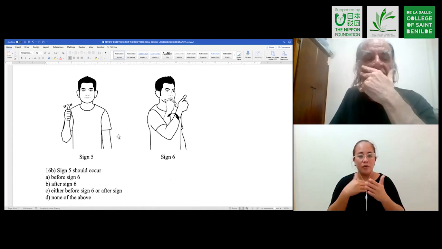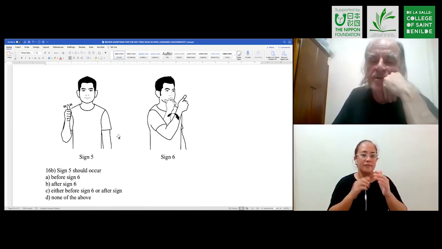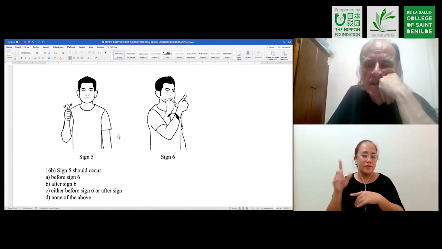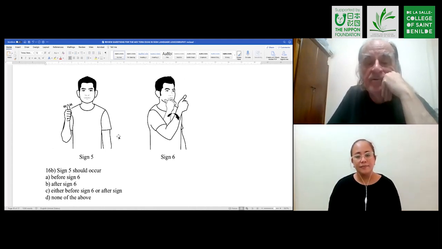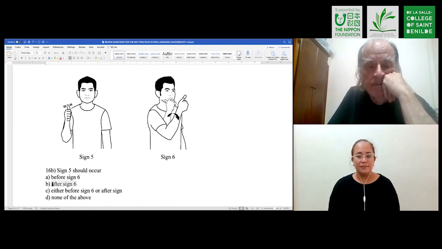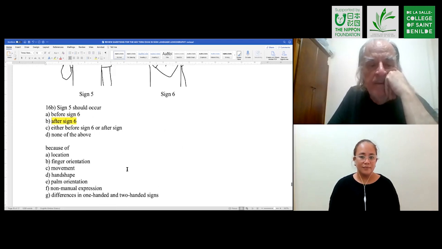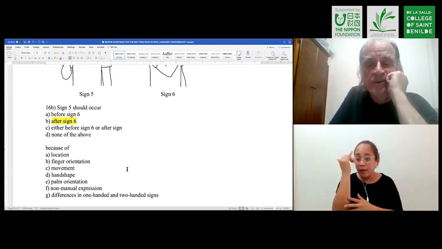Okay. Sign 5 should occur before sign 6 or after sign 6. B as in boy. Yes, after sign 6. And again, because of finger orientation.